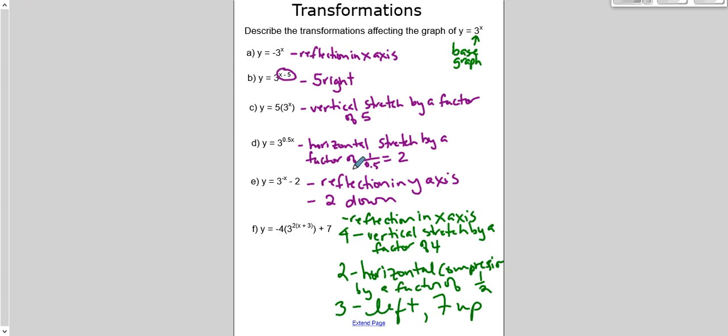Okay, so notice that our terminology hasn't changed from our previous unit, the one right before Christmas. We're still talking about vertical stretches or compressions, horizontal stretch or compressions, reflections in x and y axes, and then moving things left, right, up, and down.